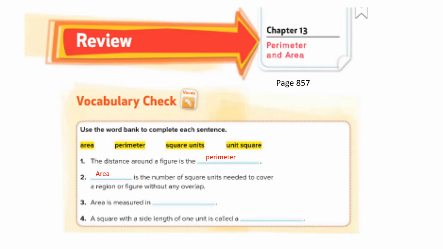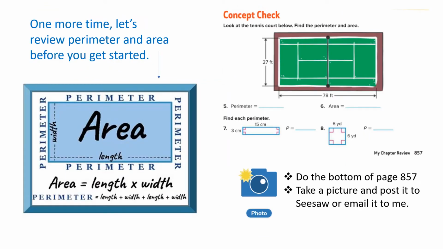Continuing with number 3. Area is measured in, we've got 2 possible answers, and the correct one is square units. And then finally, number 4, a square with a side length of 1 unit is called a unit square.